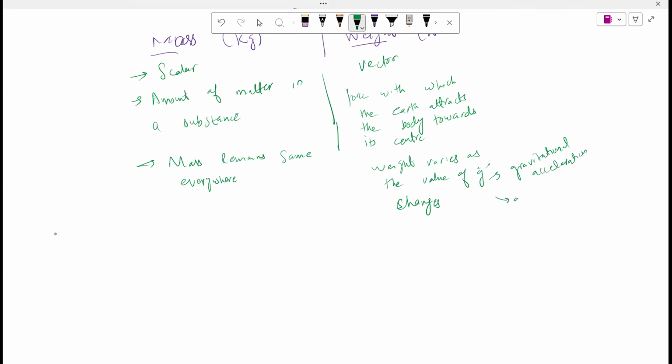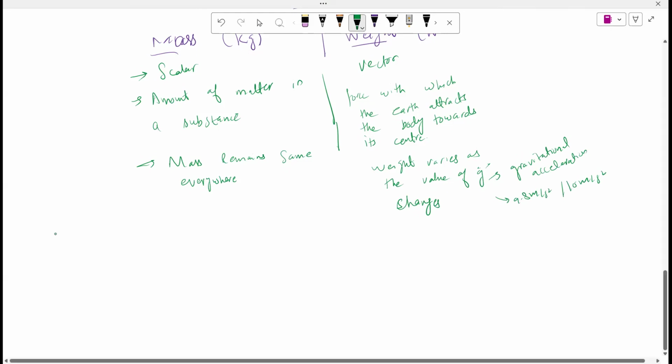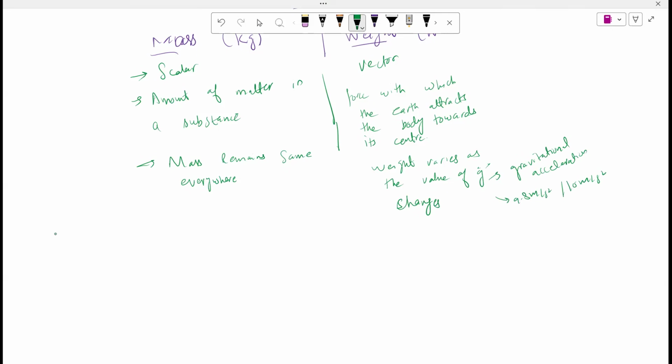For Earth, its value is 9.8 meters per second square, or 10 meters per second square. So as the value of g changes, as we move to some other planet or we have a difference of height or position, the weight would change accordingly.